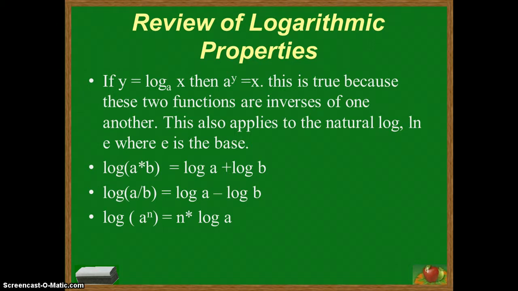Some other properties: the log of the product of two numbers, the log of a times b, is simply the log of a plus the log of b. The log of a divided by b, as long as b does not equal 0, is the log of a minus the log of b. And the log of a raised to some power n is n times the log of a. These are all properties that you can use to simplify your derivatives.